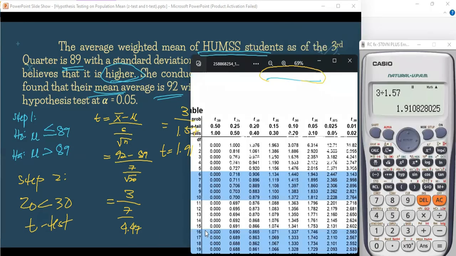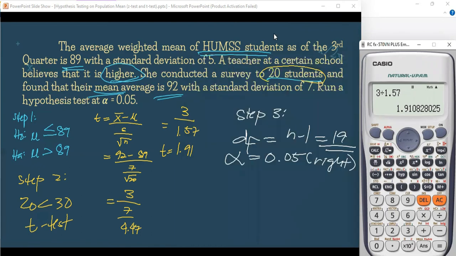Sorry, 19 and 0.05. So, ito po. That is 1.729. So, our critical value is positive 1.729.